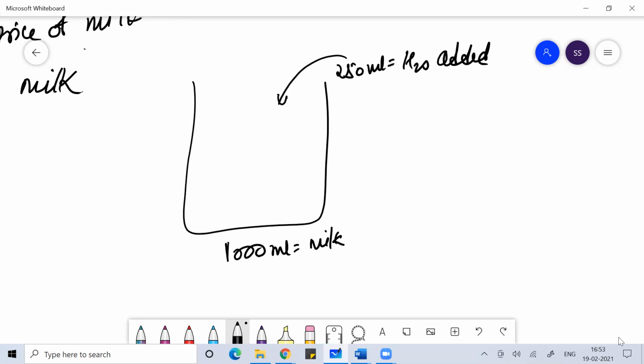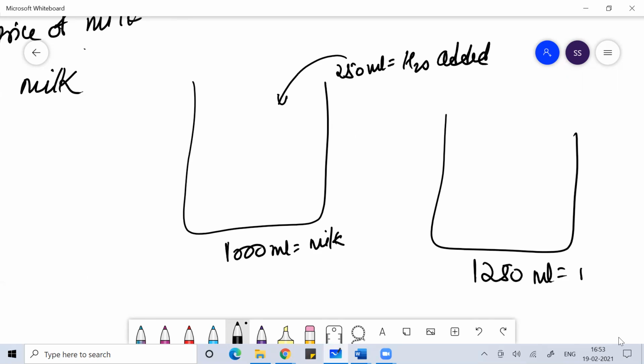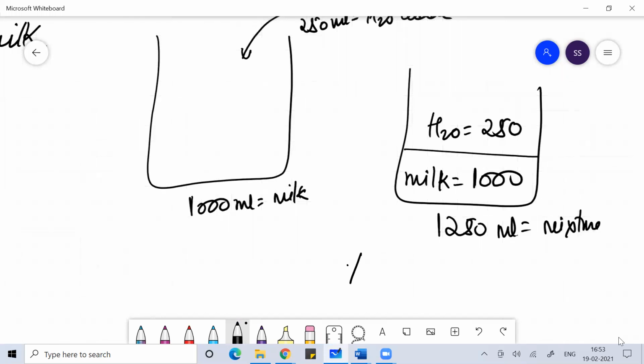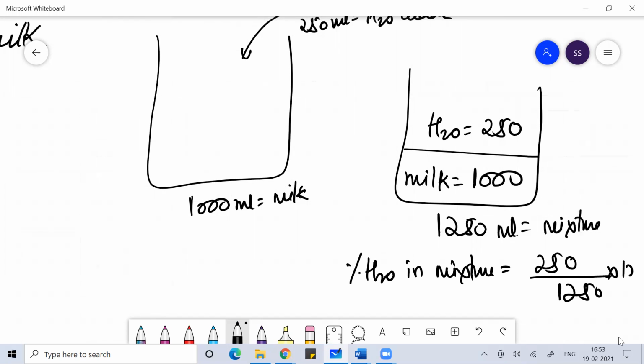Now you have 1250 ml of mixture, where your milk is 1000 and your water is 250. So the question is, what is the percentage of water in the mixture? That would be 250 divided by 1250 into 100. So you'll get 20%.